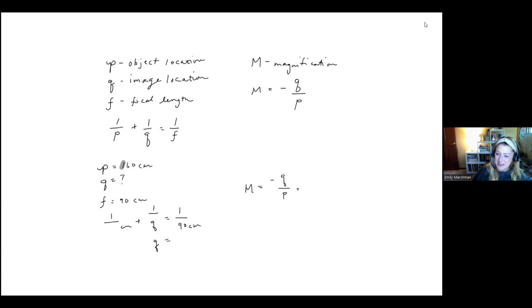I'm trying to find where the image is located. The focal length is 90 centimeters, but it's a convex mirror and the focal length is behind the mirror. So I want to make this focal length negative. Let's use our lens equation to find the image location. 1 over 160 plus 1 over q is equal to 1 over negative 90. Okay. And let's solve for q here.